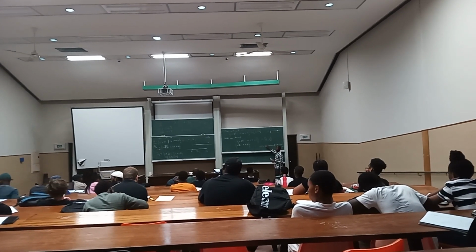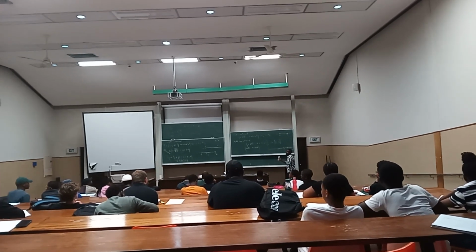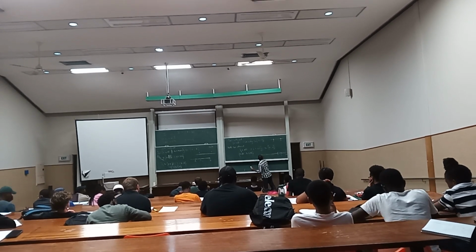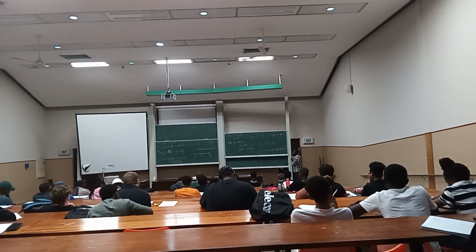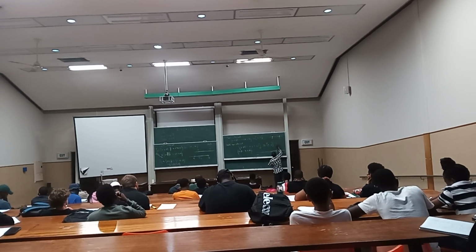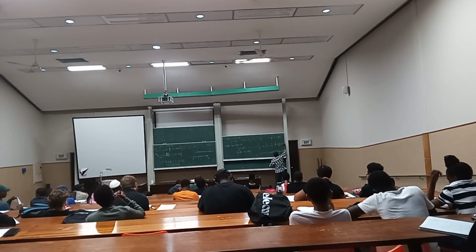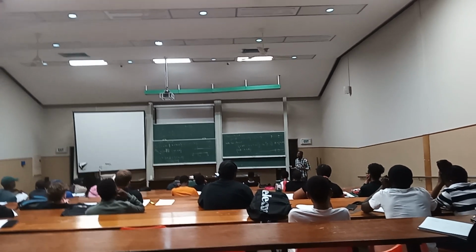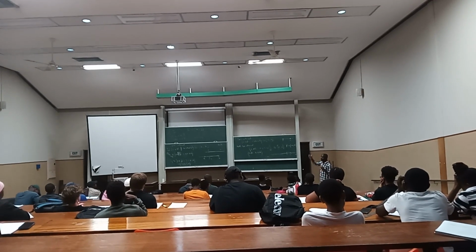When you want to represent the line, you have for sure minus infinity on this side, and plus infinity on this side. Actually, the set of real numbers, you can represent it like this: minus infinity to plus infinity. This is the representation of the set of real numbers.